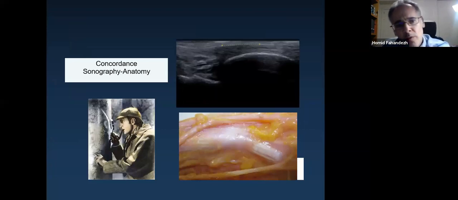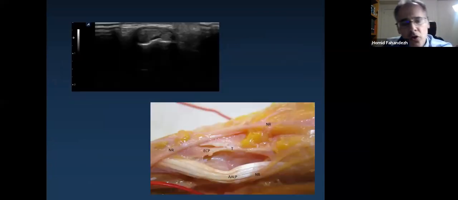We saw that there was a high concordance between sonography and anatomy in a lot of things of the study, especially in the length of the first extensor compartment, and also in one very important thing in clinic, and this is the presence of septum inside of the compartment.